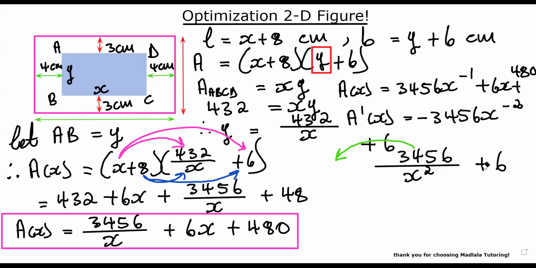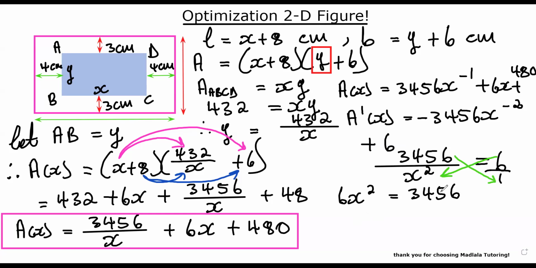So in other words, you are having something like this. And then what do you say from this point? Well, you simply cross multiply, numerator by denominator, numerator by denominator. So you get 6x squared, which is equal to 3456.